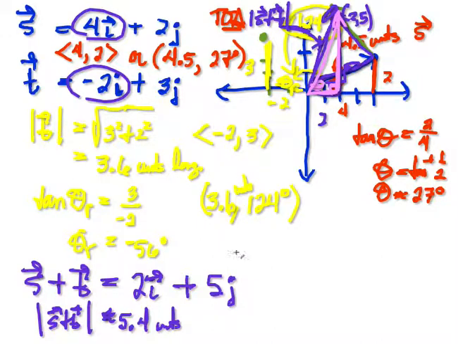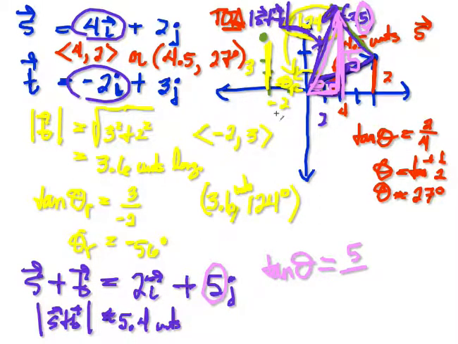And the angle right over here, the tangent of theta is the opposite over the adjacent. The opposite is 5, over the adjacent, which is 2. And so theta is going to equal the tangent inverse of 5/2. We're in the first quadrant, so my reference angle is going to be my actual angle.